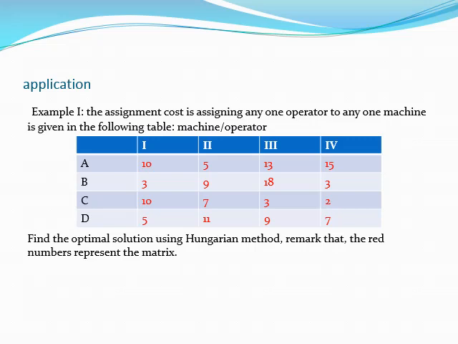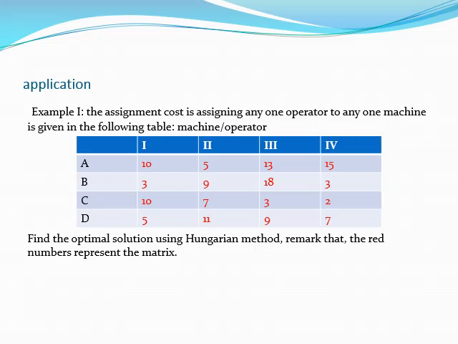The matrix consists of 4 machines against 4 operators. Each machine should be assigned to one operator.